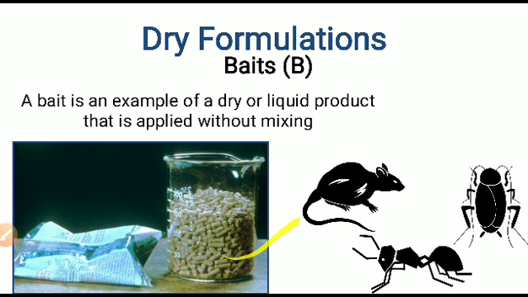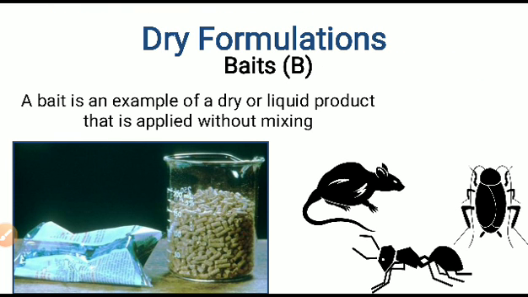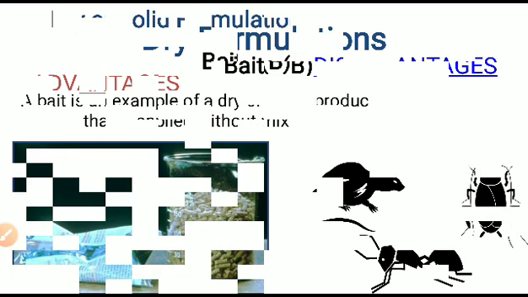Here you can see the dry formulation, the pellets, and we can use these pellets directly, or the second type, a concentrate that must be mixed with water to apply as a spray. Mostly this is useful as rodenticides, to kill rats, cockroaches, and ants, that type of pest.